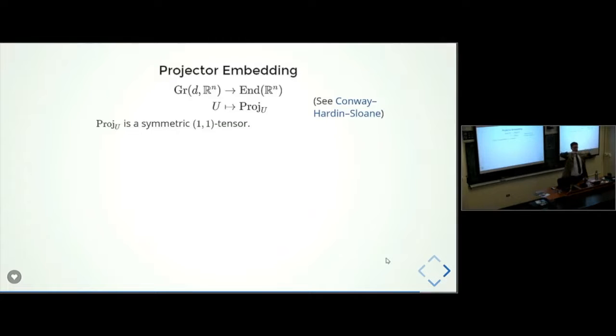So I have some subspace, there's an orthogonal projection to that subspace, okay? So I can think of this as a symmetric n by n matrix, and since it's symmetric, it's n times (n plus 1) over 2 dimensional, which is a lot smaller than n choose d in general. And this is like a symmetric (1,1) tensor.